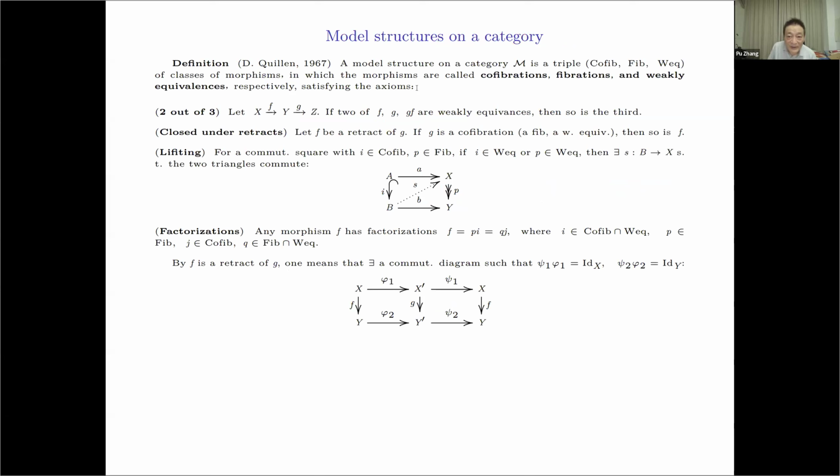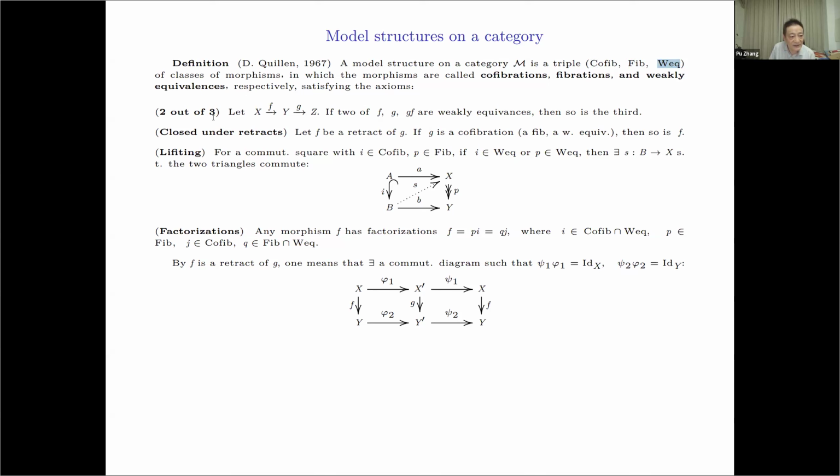So recall what a model structure is. A model structure on a category is a triple of three classes of morphisms. The morphisms in cofibrations are called cofibrations, the morphisms in fibrations are called fibrations, and the morphisms in weak equivalences are called weak equivalences, respectively, satisfying these four axioms.